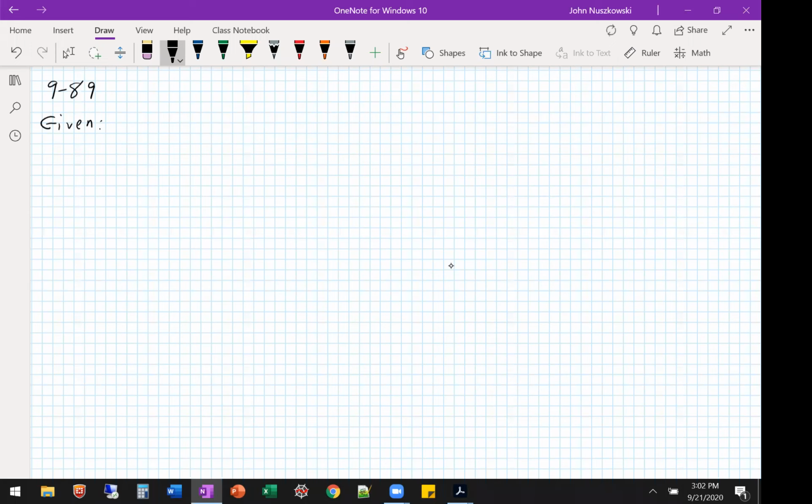Okay, so we need to know what 9-88 says. 9-88 says, a simple ideal Brayton cycle operates with air with minimum and maximum temperatures of 27 degrees Celsius and 727 degrees Celsius. It is designed that the maximum cycle pressure is 2000 kPa and the minimum cycle pressure is 100 kPa.